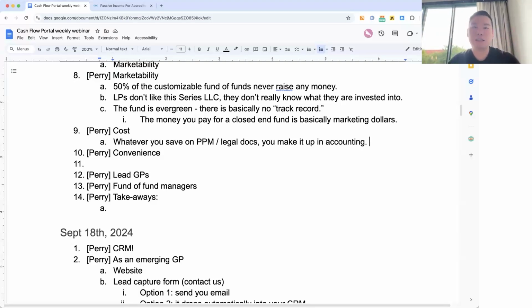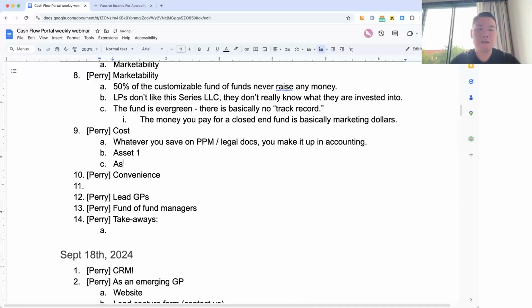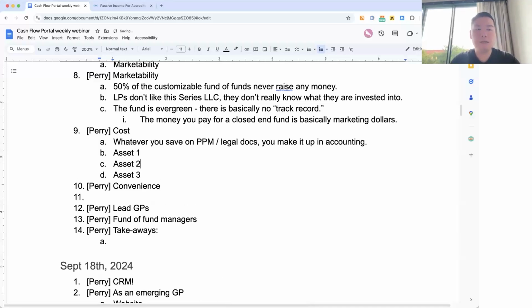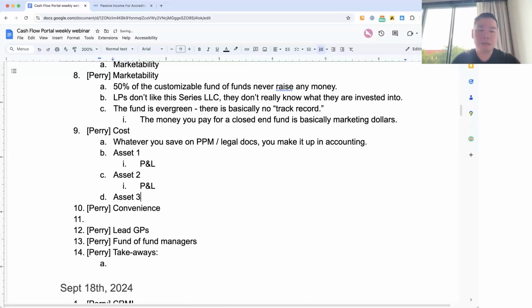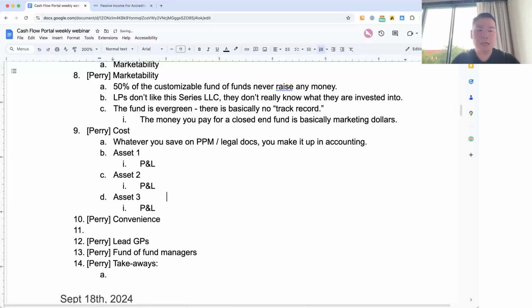And you might say, how hard can that be? You have asset one, asset two, and asset three. Each one of them has a P&L. And then all you have to do is take the investors in each one, calculate the asset value of each of those assets, and at the end, generate a single K1.